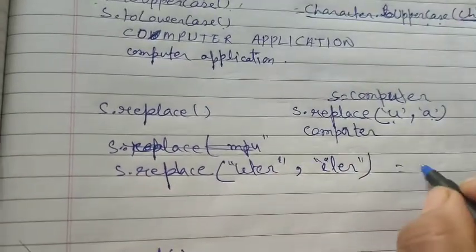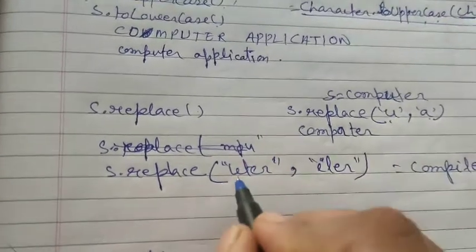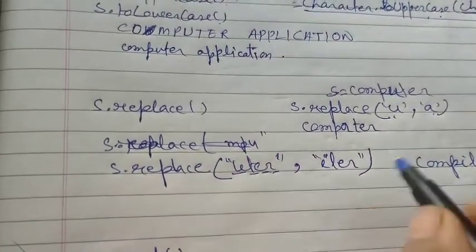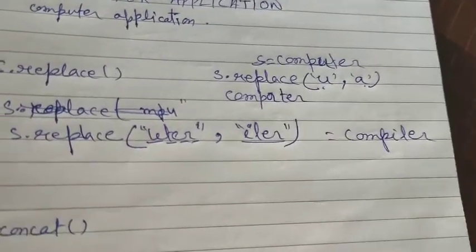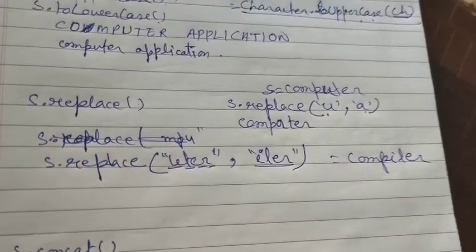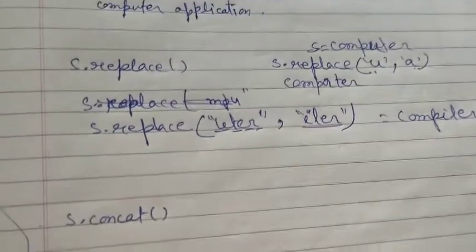Then your output will be "compiler". Because you replace "uter" with "iler", computer is changed to compiler. So this is the replace function which we are using.